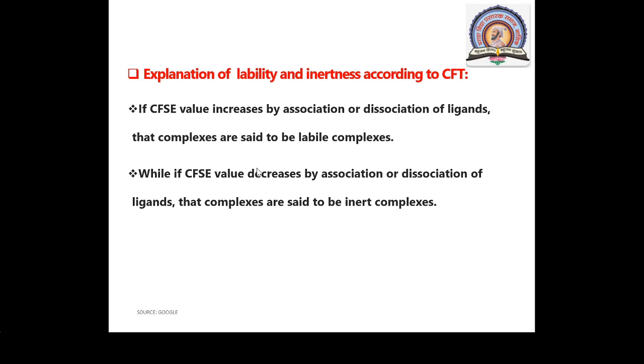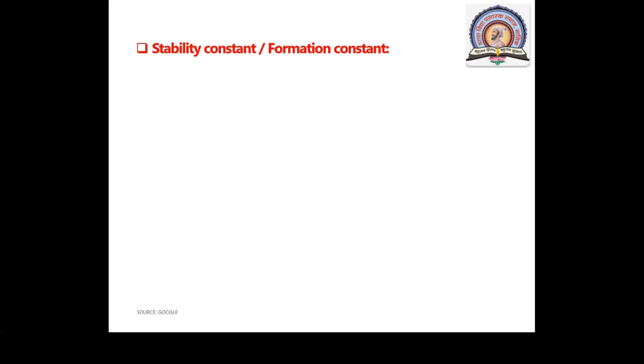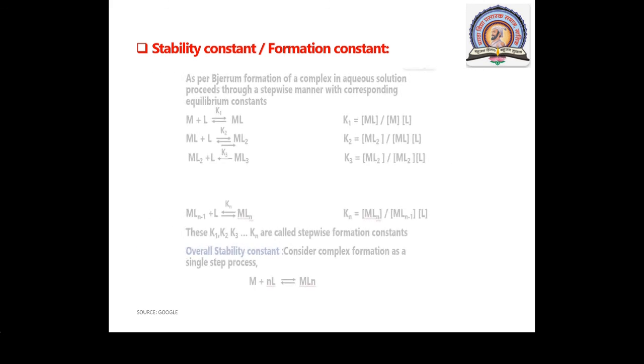And if CFSE value decreases by association or dissociation of ligands, those complexes are said to be inert complexes. Okay, so let's move towards the last topic, that is stability constant or formation constant.